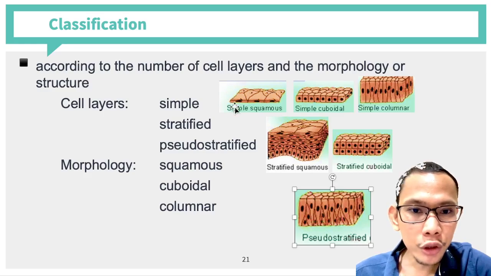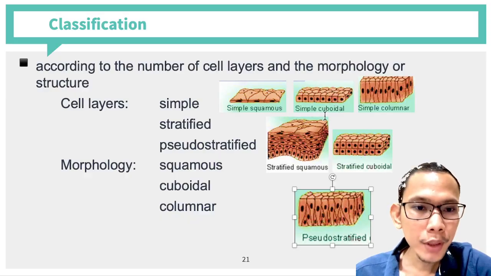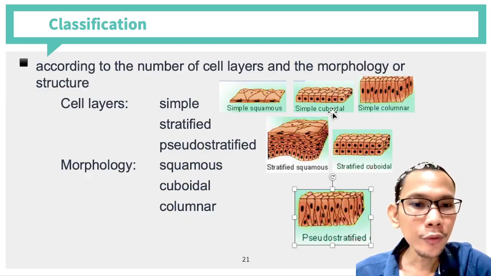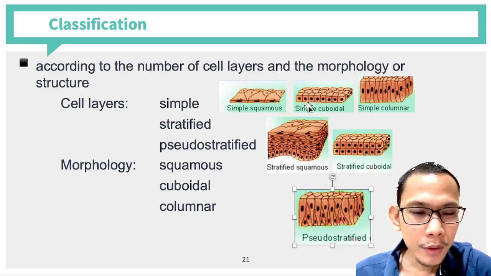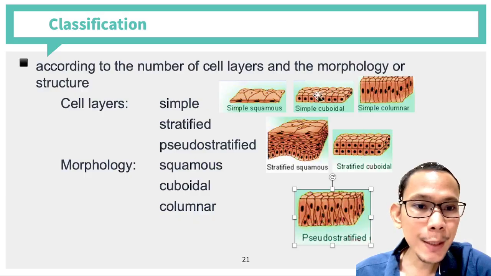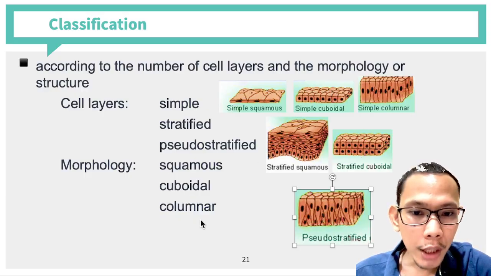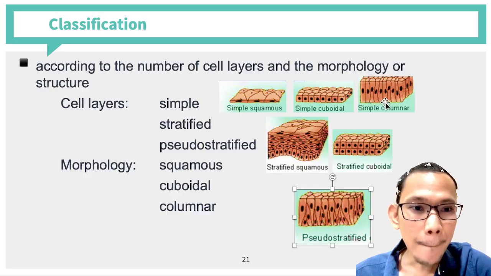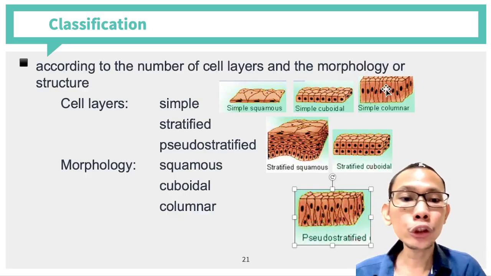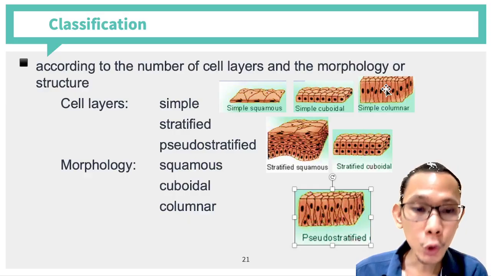Based on morphology, squamous, these are flat cells. How about this one? Simple cuboidal. From the name itself, cube-like, no? So therefore, parang cube-like, therefore simple cuboidal. Columnar, therefore, pahaba. Napapansin nyo, ang cells are pahaba. This is what we term as your simple columnar.